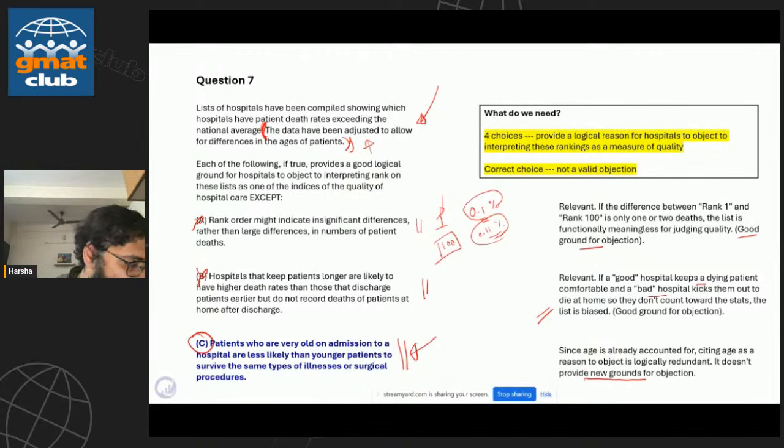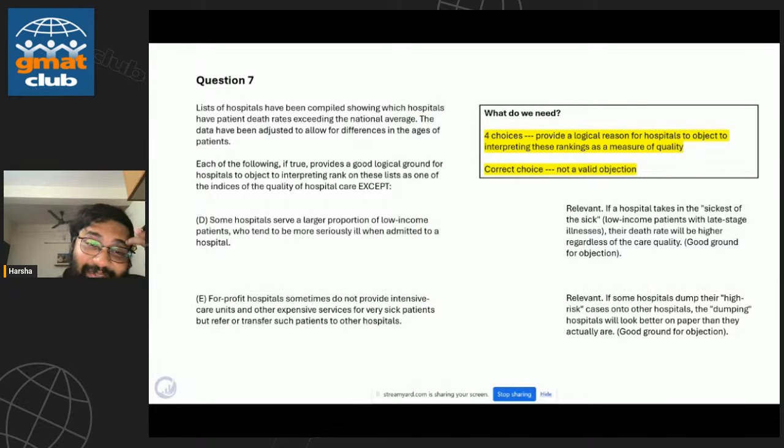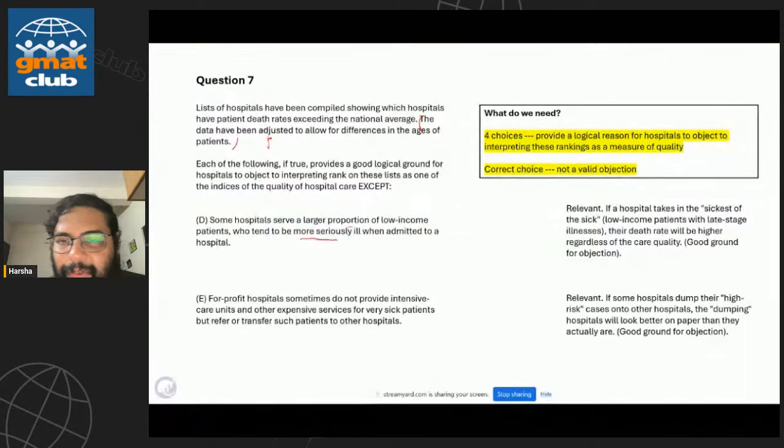Now, I can see that D was a well liked option. At least two of you liked D. Whether or not you chose D because you saw everybody going for C, D was kind of interesting. Some hospitals serve a larger proportion of low income patients who tend to be more seriously ill when admitted to hospital. Now, this will seem interesting if you have not understood or processed the sentence about age. Otherwise, absolutely no way.